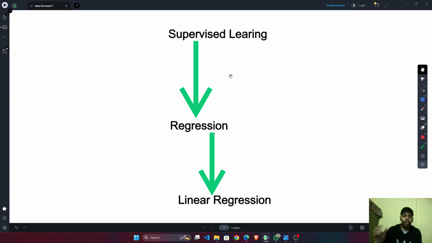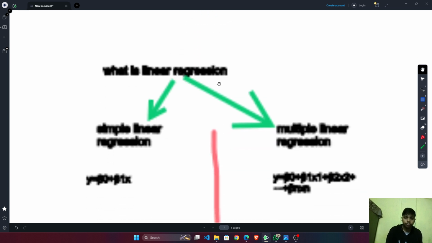In supervised learning, there are two categories: one is classification and the other is regression. Linear regression, as its name suggests, comes under regression because it is related to the prediction of numbers.